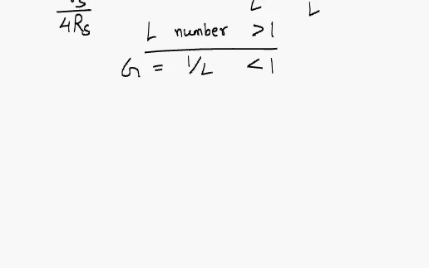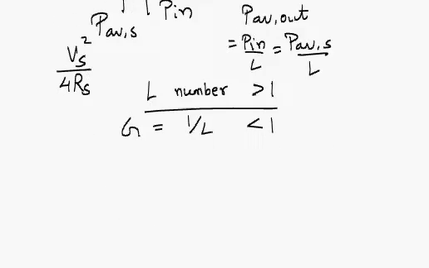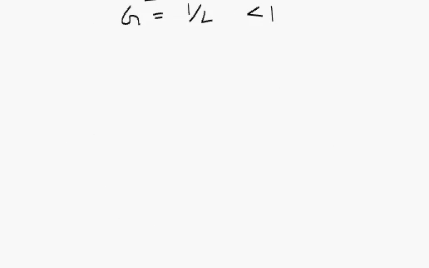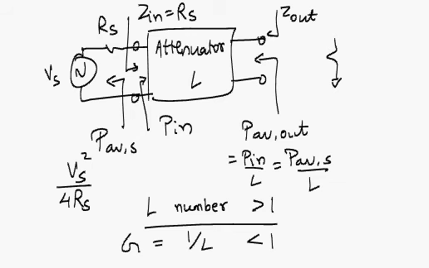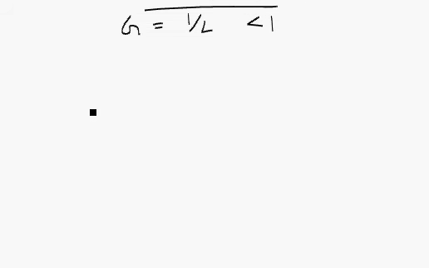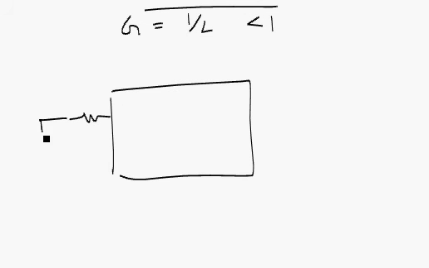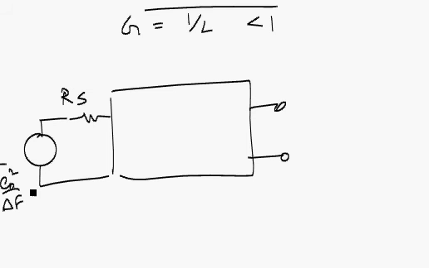Now let's talk about what happens for the purpose of measuring noise figure. You're going to load this attenuator with a resistance Rs again, and that is going to have its own En squared by delta F, which is equal to 4kTRs.